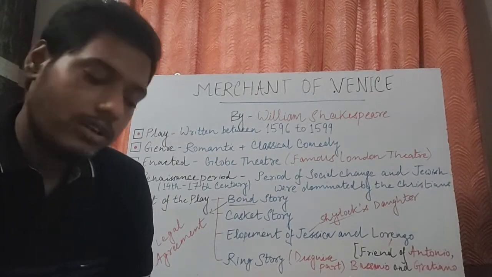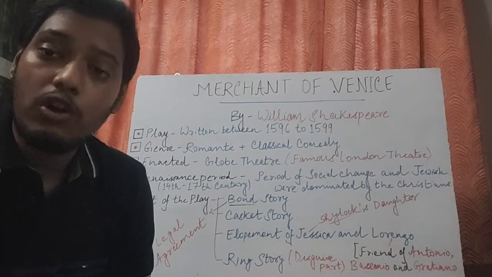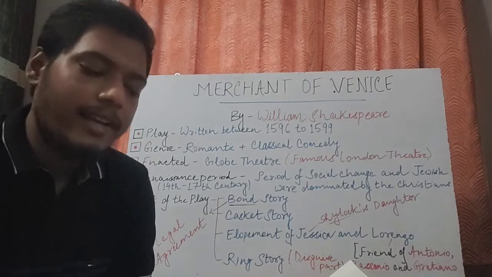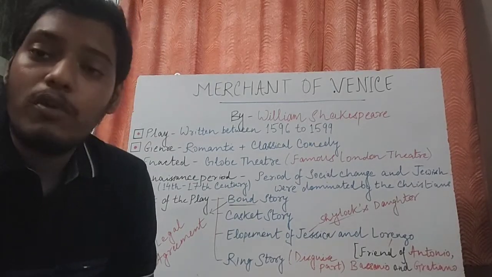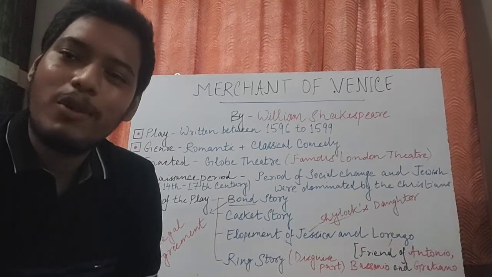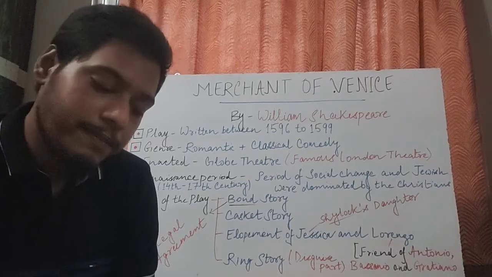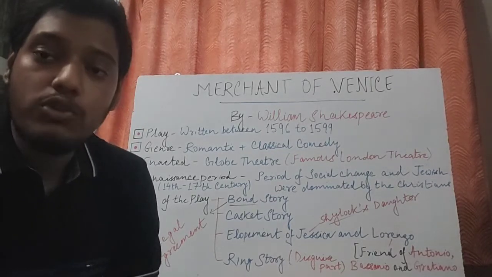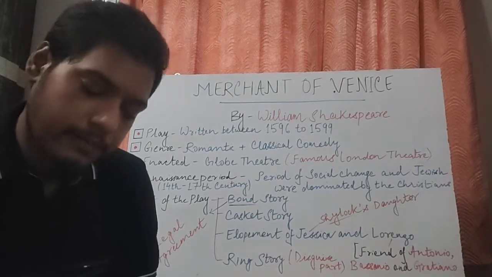Jessica, Shylock's daughter. Tubal, another Jew, and he is Shylock's friend. Lancelot Gobbo, he is a clown and a servant to Shylock. Lancelot Gobbo was a fun-loving man. At the same time, he was very lazy. Old Gobbo, Lancelot's father. Portia, an heiress of Belmont. So Portia used to live in Belmont, and she was the heiress of this place.